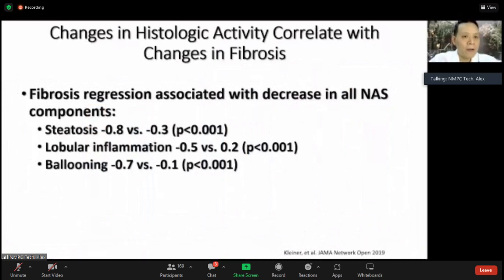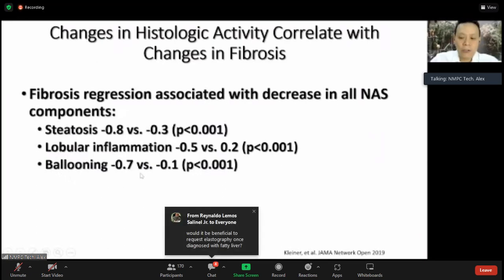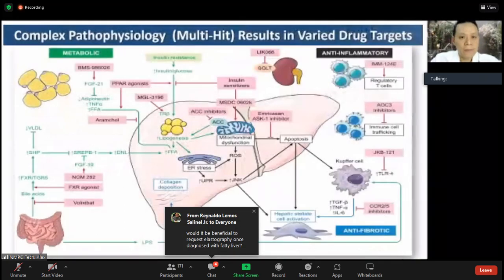And what they found that were independently predictive of fibrosis regression is that when you improve your steatosis, your fat in the liver, you improve your lobular inflammation and decrease your ballooning degeneration, then the probability of fibrosis regression is also increased.